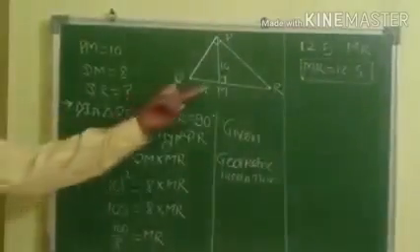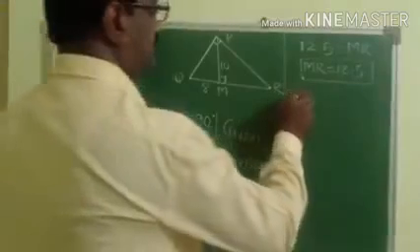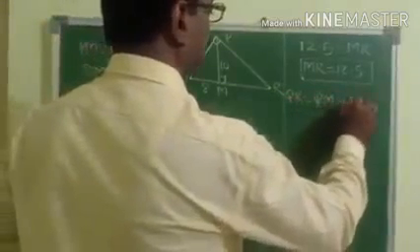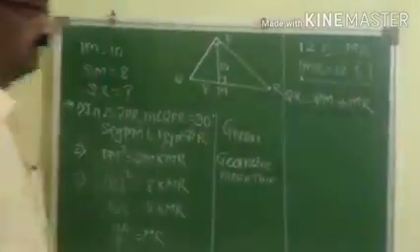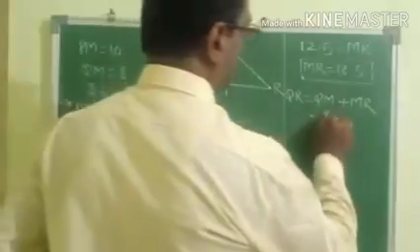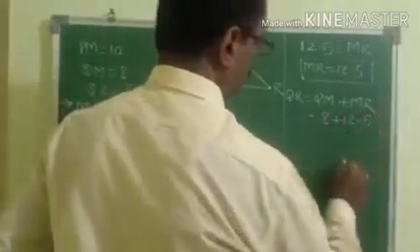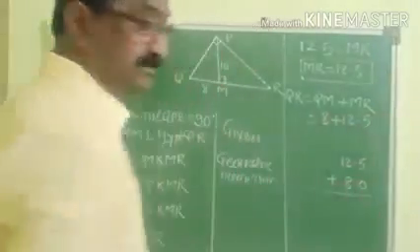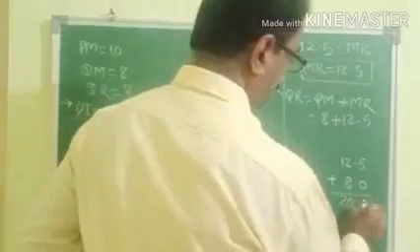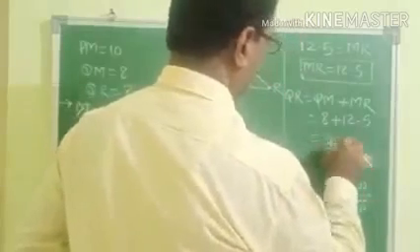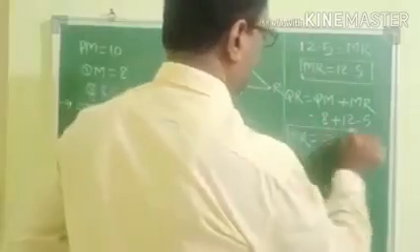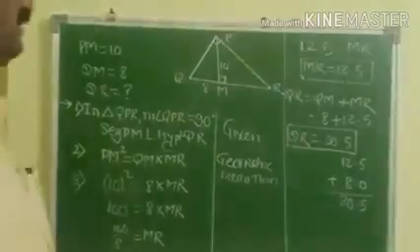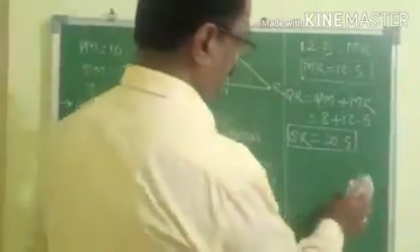So QR is equal to the sum of these two, QM plus MR. QM is 8 and this is 12.5. So 12.5 plus 8 means 20.5. So QR is equal to 20.5.